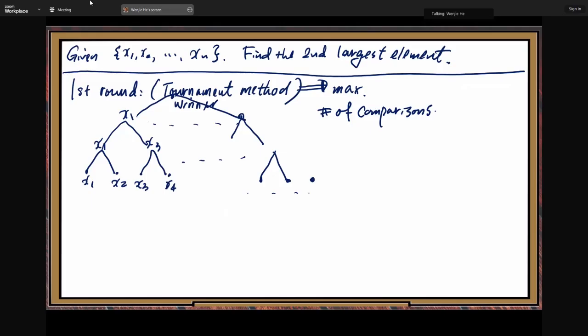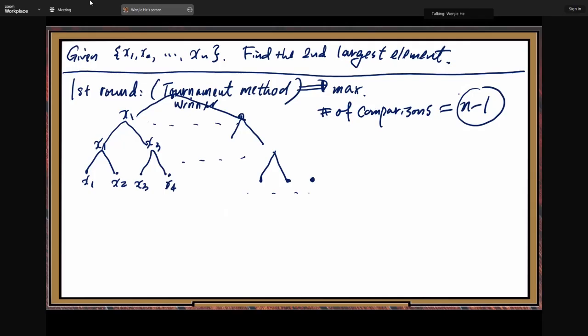No matter what you do, with the tournament, whatever way you like, the total number must be n minus 1, because of elimination. Every comparison you play eliminates one player. At the end, you eliminate n minus 1 and get a champion, directly or indirectly.